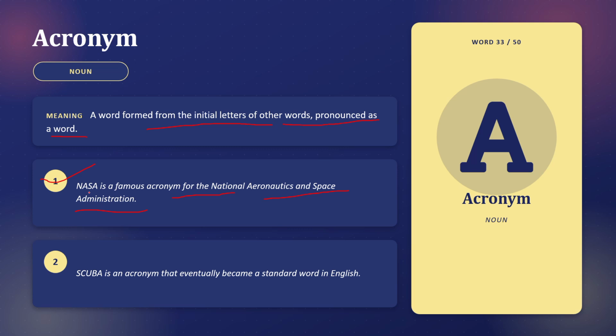But MBBS is pronounced as separate letters, not as a word. That's why MBBS isn't an acronym. Clear? Second, SCUBA is an acronym that eventually became a standard word in English. Clear?